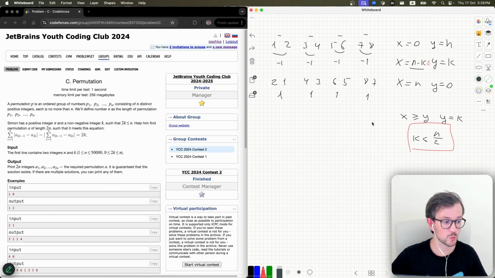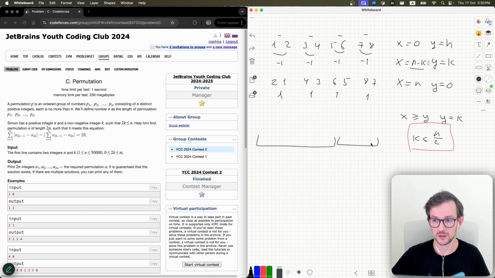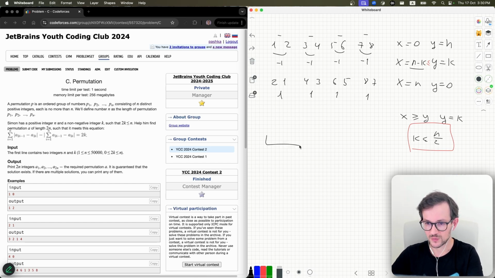And that's also. So what is the final solution? I divide all elements in pairs. So I want first, let's say, k pairs to be negative. Okay. Small number and then big number. This k, this n minus k.